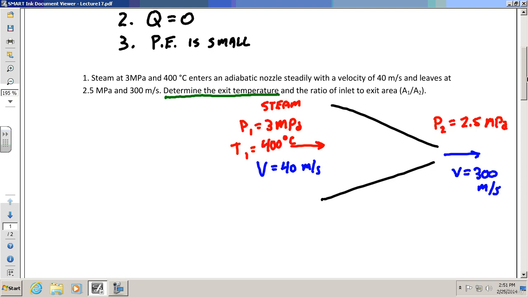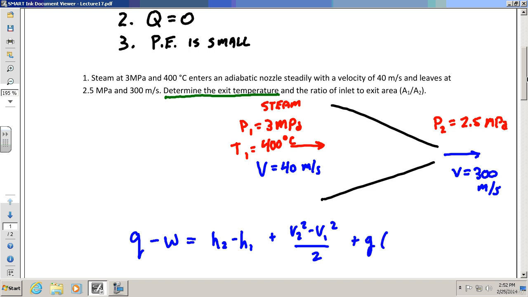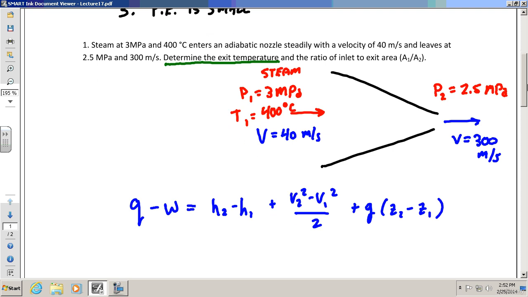I'm just going to write Q minus W is equal to H2 minus H1 plus (V2 squared minus V1 squared) over 2 plus g(Z2 minus Z1). That's the first law of thermodynamics without mass flow. The reason I'm using the one without m dot is because I don't have m dot, so I think maybe that's a good place to start.